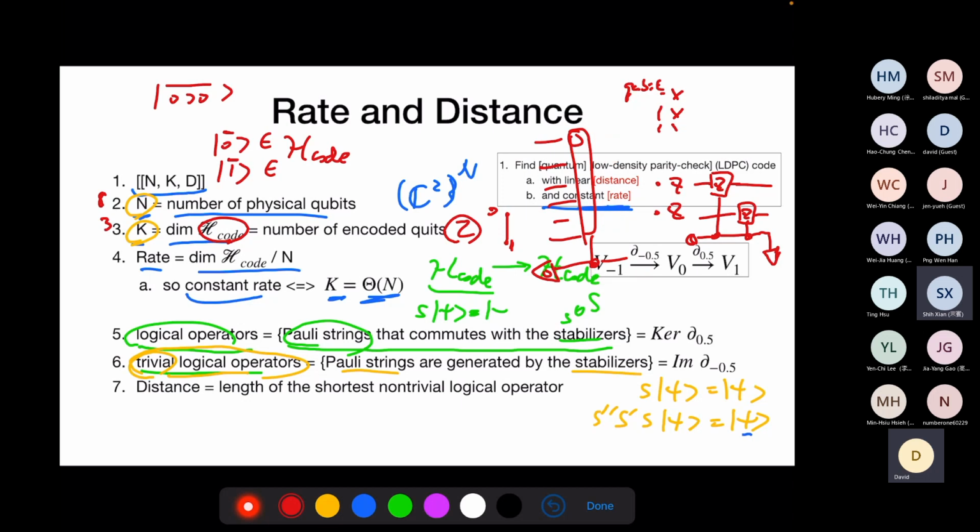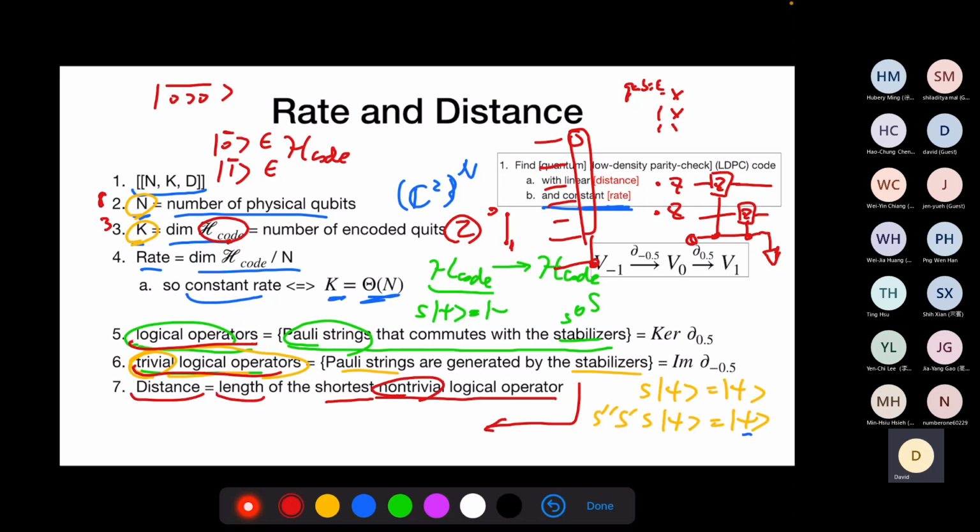Okay, so I was talking about the logical operator and the trivial logical operator. Now that we have these two, we are ready to define distance. Distance is the length of the shortest non-trivial logical operator. The reason we need "non-trivial" is that in later settings, we will see that the stabilizers are all really short.